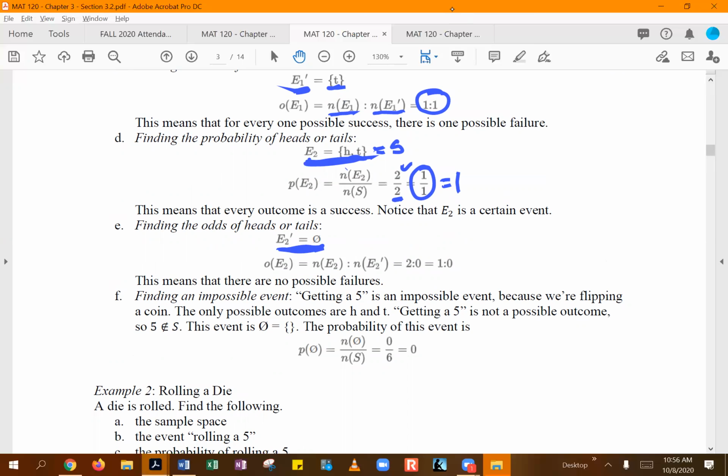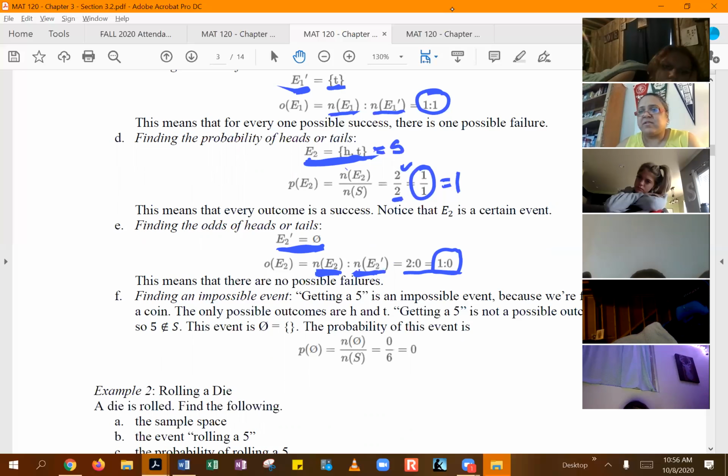So the idea is, if you already have both outcomes in your event E sub 2, the complement is an empty set, and your odds are going to be 2 to 0, or you can reduce it down and say your odds are 1 to 0, because you will always fall on a head or a tail. There is nothing that is going to be a failure, because if you fall on a head, that's a success. If you fall on a tail, that's also a success, because that's how we define event E2. That's why your failure is going to be 0, because you just don't have anything in that set.